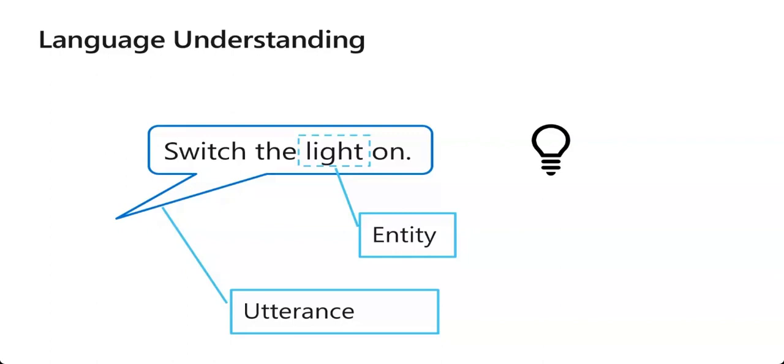Voice assistant, turn the music on, could also be something. So then light or fan are entities. So utterances and entities, and the last one is the intent. Because what do we want to do with it? What is our intention? The intent identifies the desired action for an utterance.